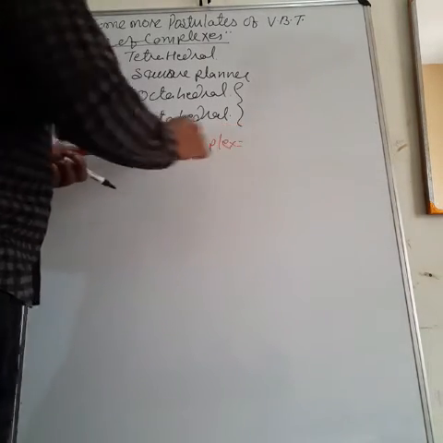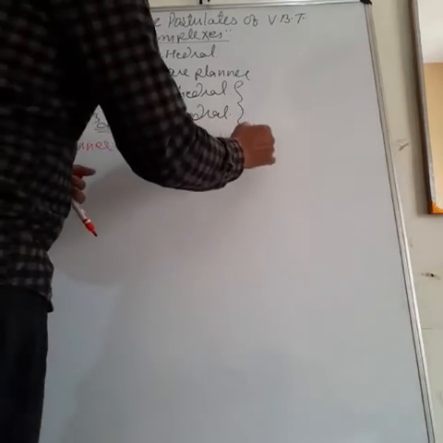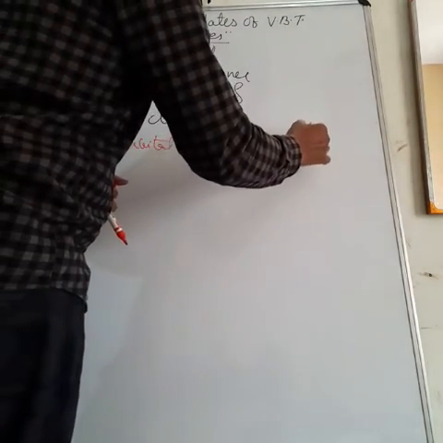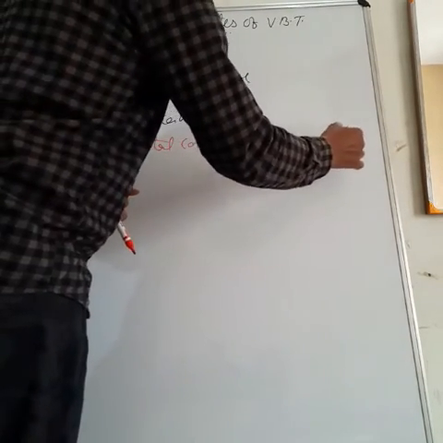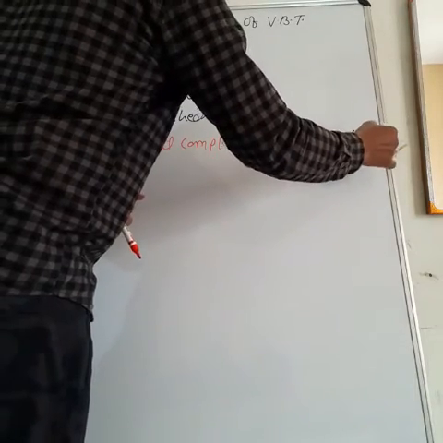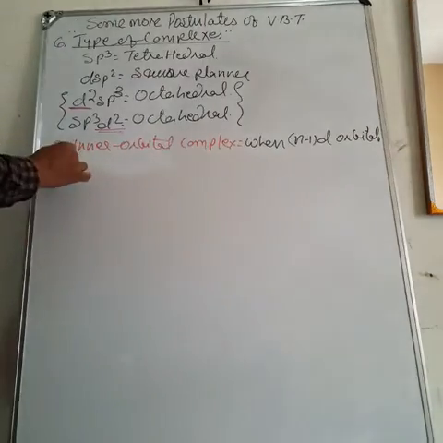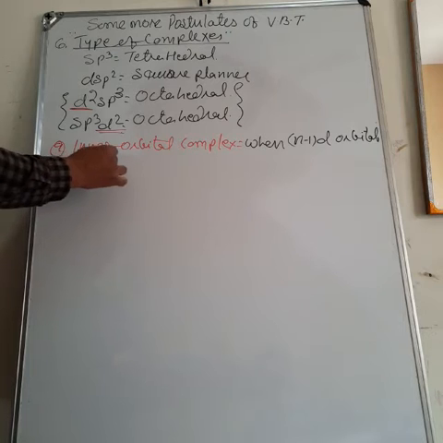It is when (n minus 1) d orbitals are involved in hybridization.